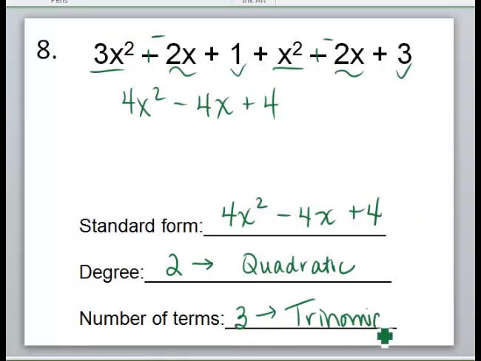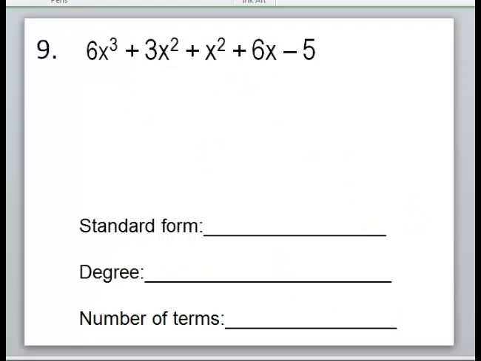Now remember, if it only had 2 terms, it would be called a binomial, 1 term monomial, and 4 or more terms polynomial. So let's see if we get another one with a different name. On this particular one, for our standard form, I only have a 6x cubed. I have some x squareds, so that'd be 4x squared.